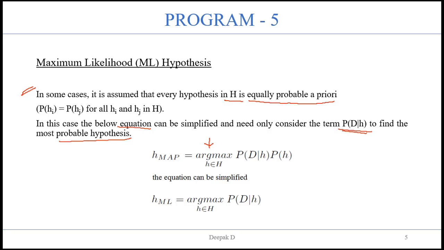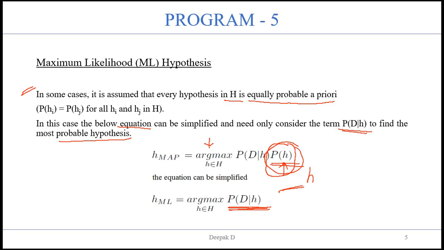As I said, when you have an equal prior probability value for a set of hypotheses, this term remains constant for all the hypotheses. So hence this term will be removed, and the only term left is probability of D given H. Whenever you want to identify the maximum likelihood hypothesis, you are going to use only one term, that is probability of D given H.